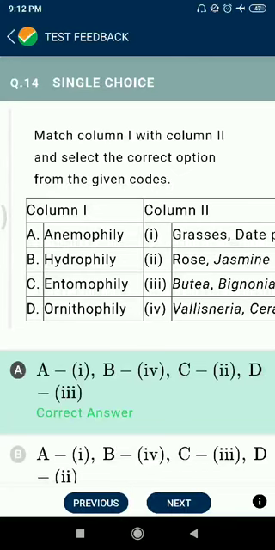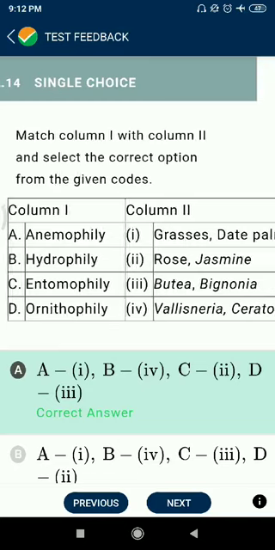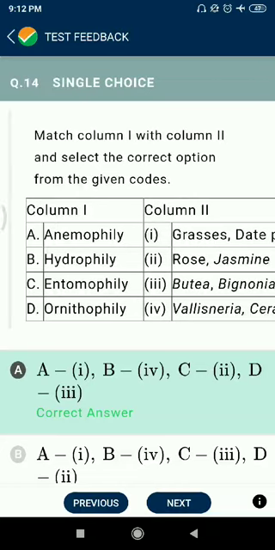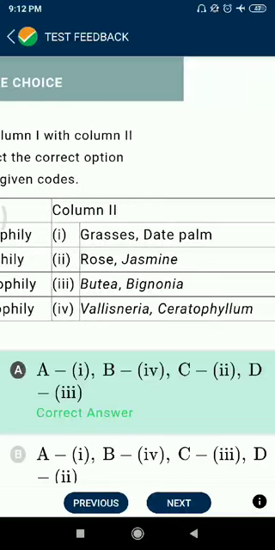Then entomophily is pollination by insects, for example rose and jasmine. Ornithophily is pollination by birds, for example Butea and Bignonia.